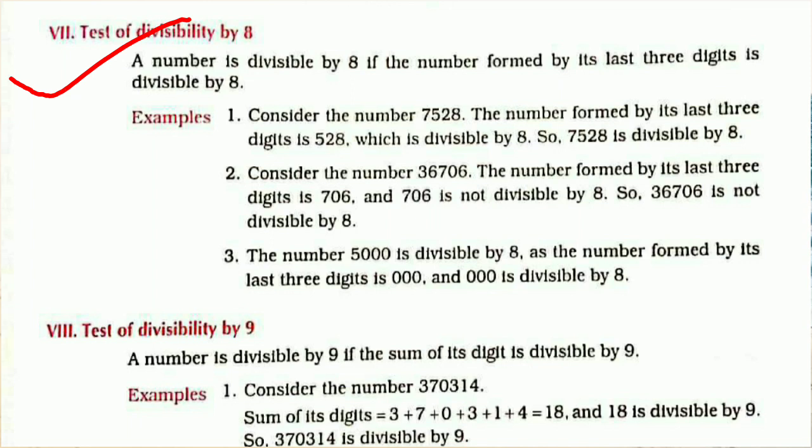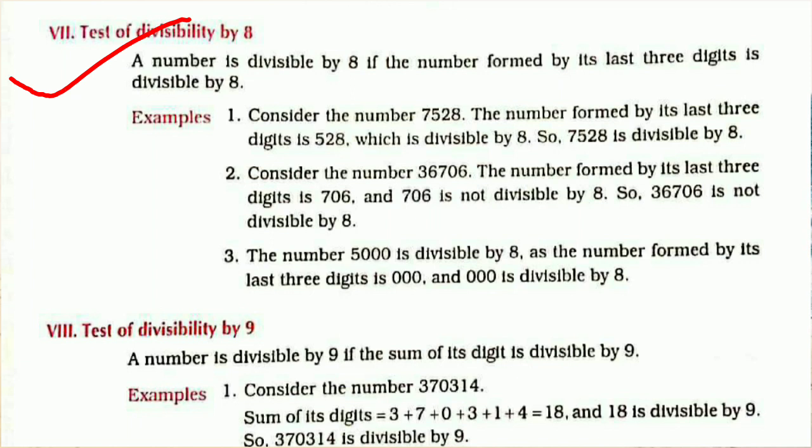Consider the number 7528. Now we will see the last 3 digits, 528. Is this 528 divisible by 8 or not? We will divide this, and it is divisible. So hence we can say that 7528 is divisible by 8.